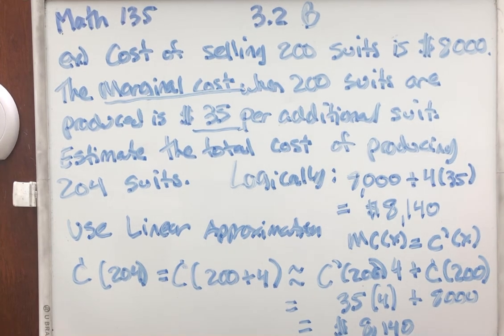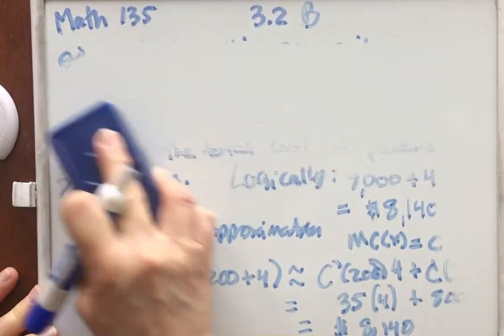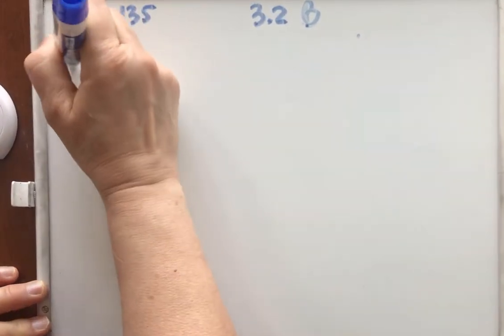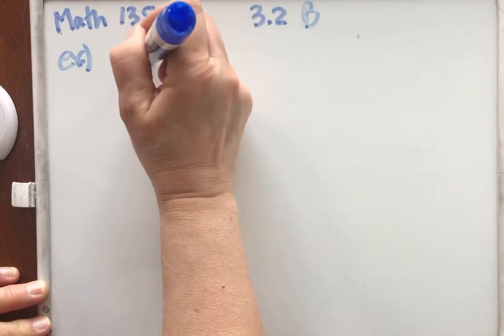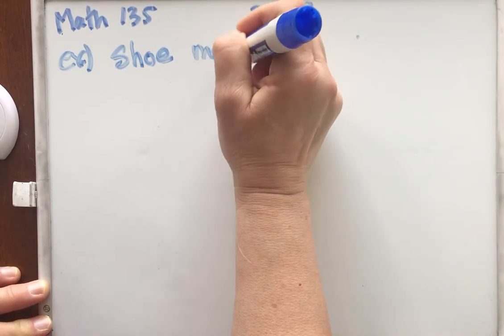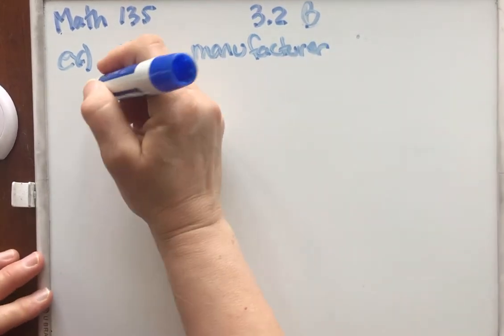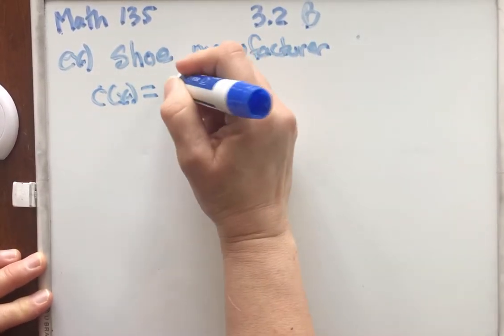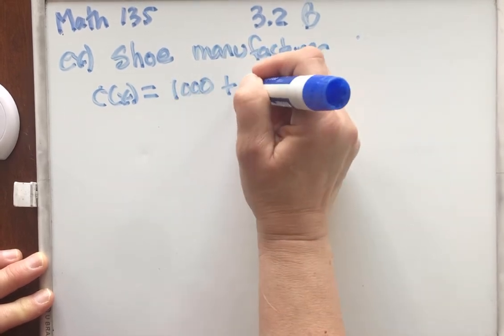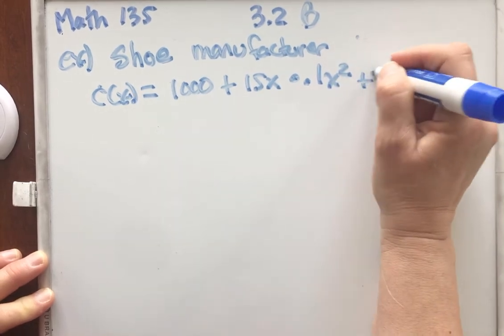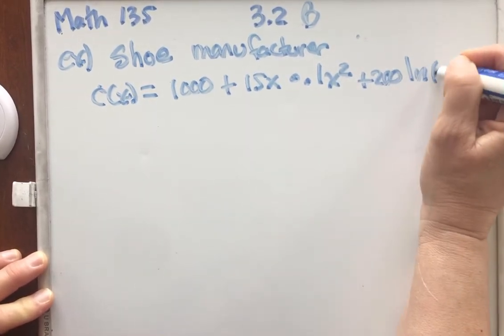We're going to apply this in another problem as well. This one's going to take a long time, so we'll split this up. But we can start right here on 3.2b. In this example, we have a shoe manufacturer, and the cost function is 1,000 plus 15x plus 0.1x squared plus 200 ln(x plus 1).